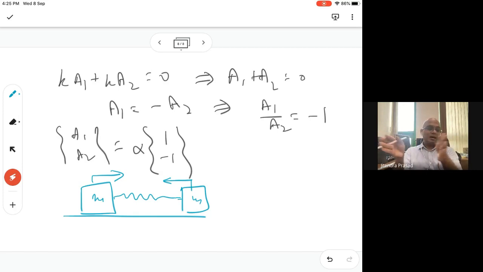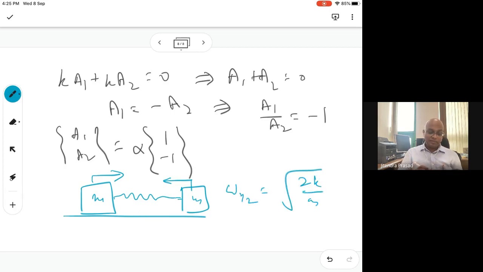And the frequency: omega square equal to 2k over m, so omega equal to root 2 multiplied by root k over m. When it goes this way, this will go this way, and come back. So the frequency of this mode, omega n2, will be root 2k over m.